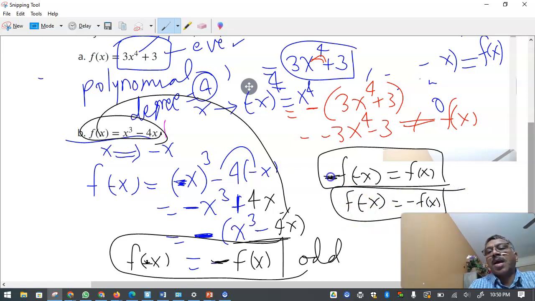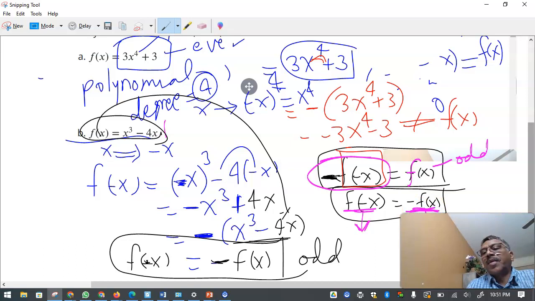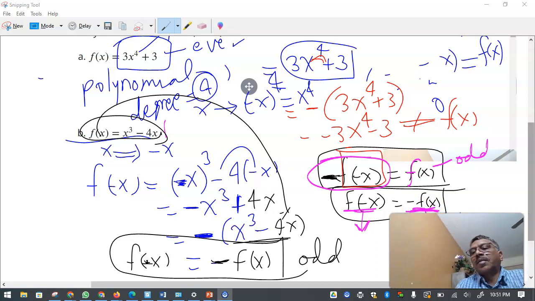The reason to write this is just to understand that if you reflect twice, over the y-axis and then over the x-axis, you get back the original function. So that's the odd function.